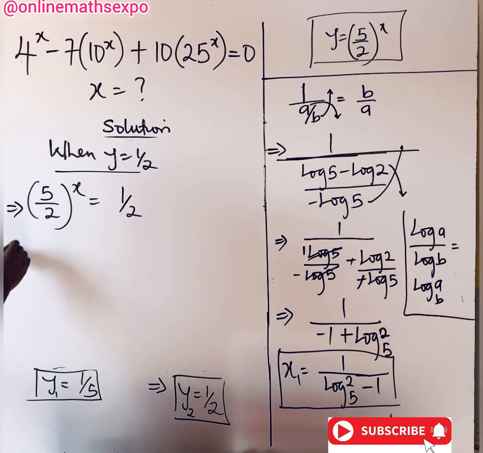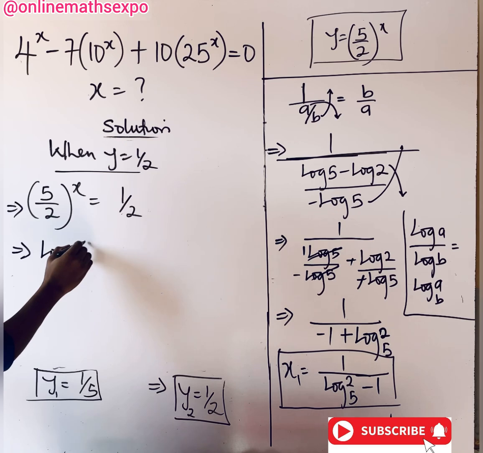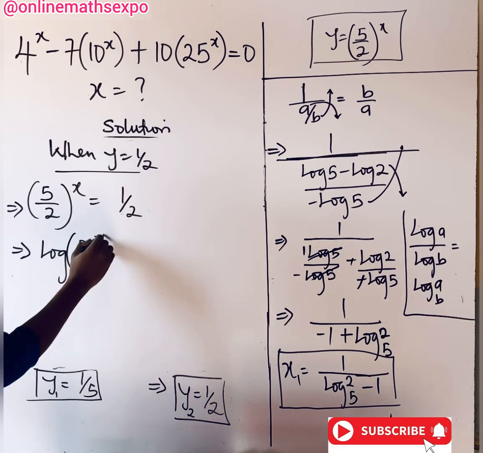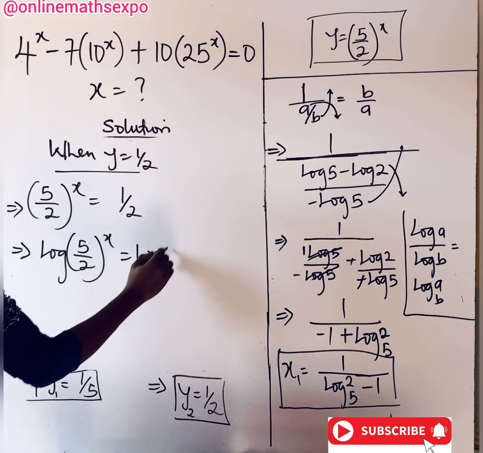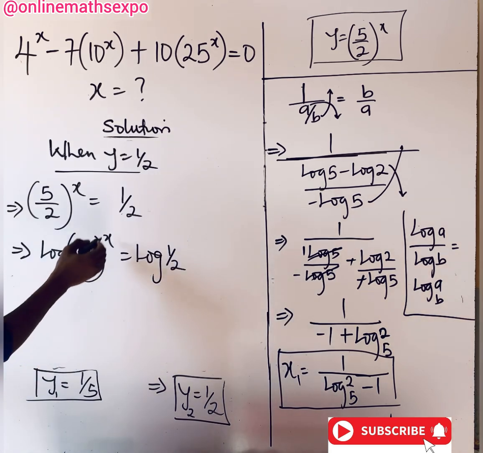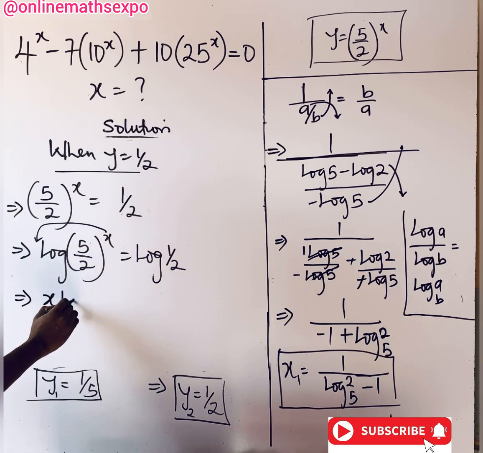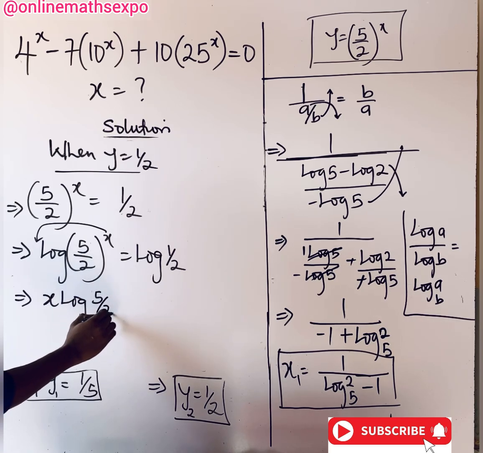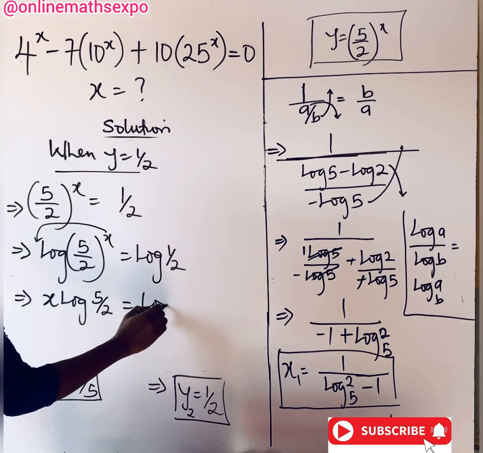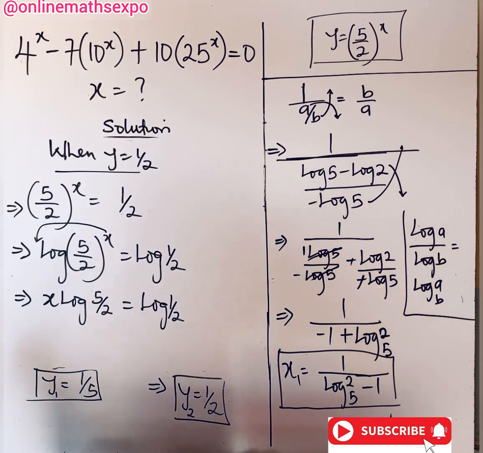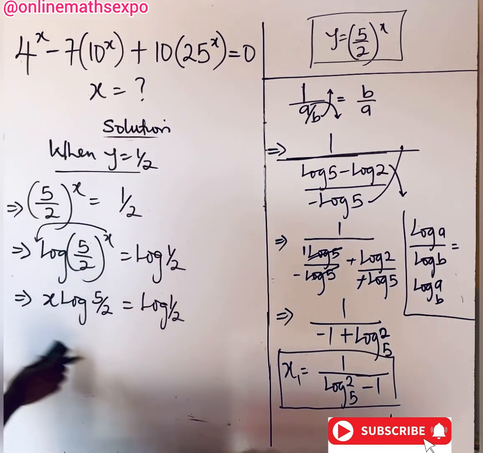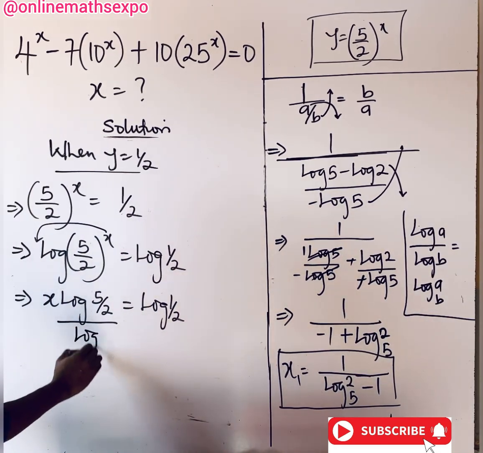So you also take log of both sides. And if you do that, just like we said, the power multiplies. So we have x log 5/2 is equal to log of half. Now you just have to divide by this to get your x.